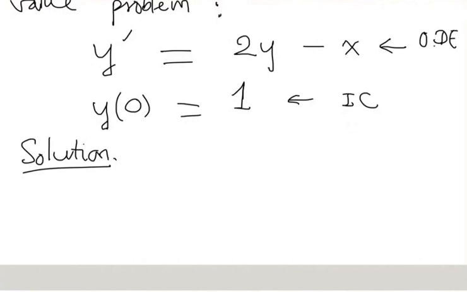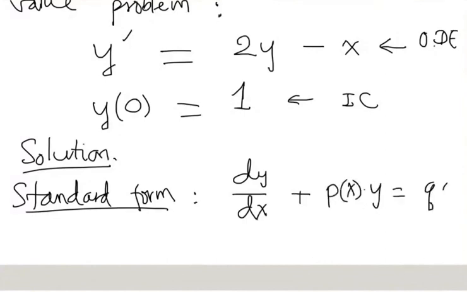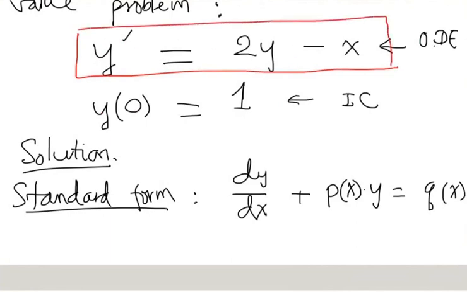Now let's rewrite the equation in standard form. Standard form means that we have dy/dx plus p of x times y equal to q of x. That's the standard form of the equation. Our original equation is not in that format yet.